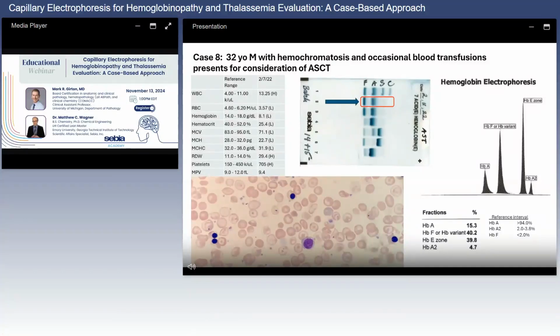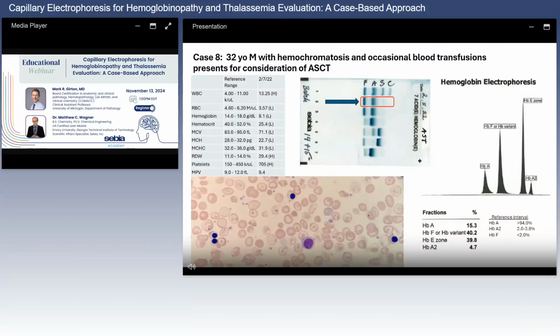The electrophoregram on the far right, we see four peaks, a small hemoglobin A peak, 15.3%, the hemoglobin F peak, 40.2%, Hemoglobin E zone peak, 39.8%, and hemoglobin A2, 4.7%, which is quite a bit above the hemoglobin A2 range that you'll see in the reference interval below the electrophoregram. On acid gel, we see A and F bands, no other bands there.